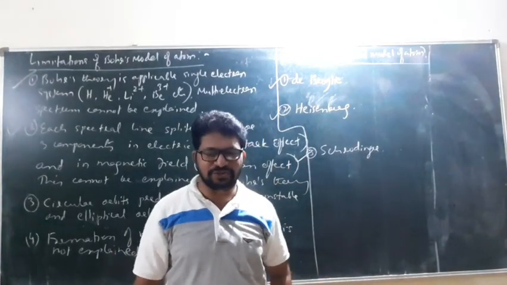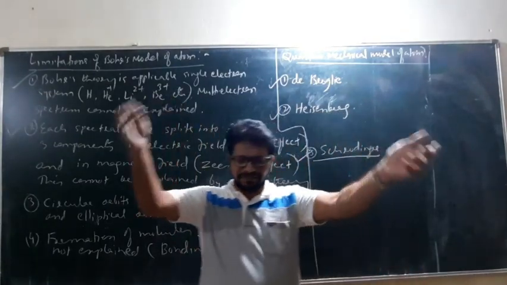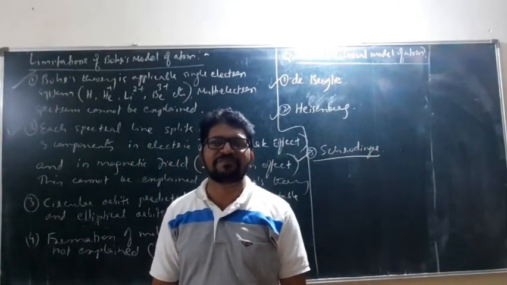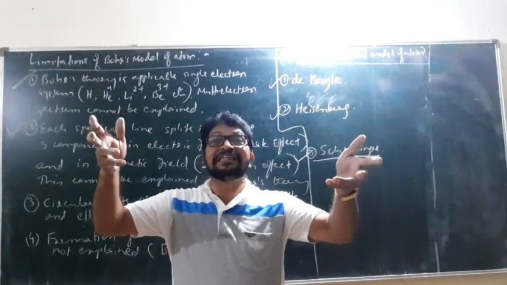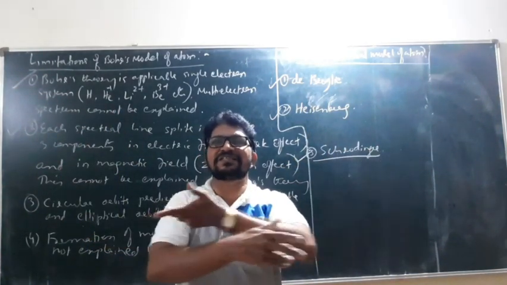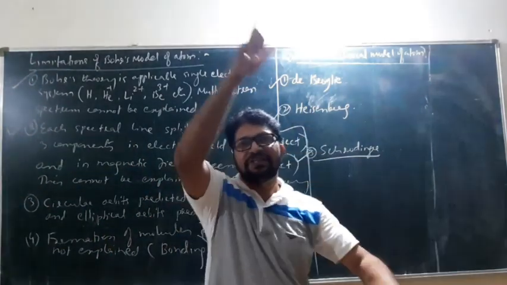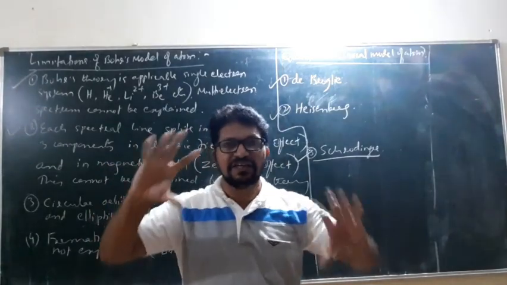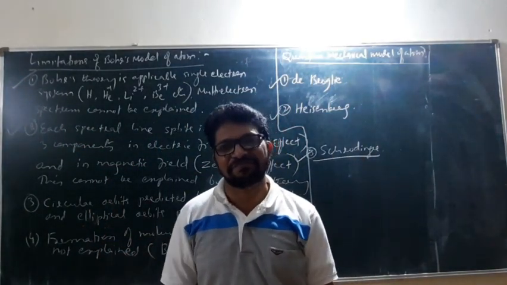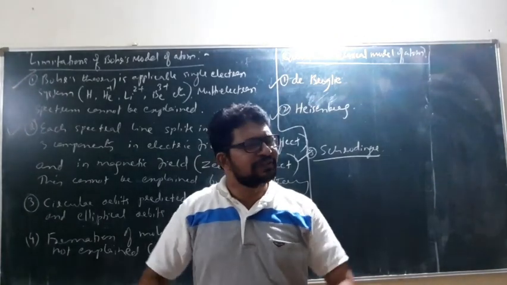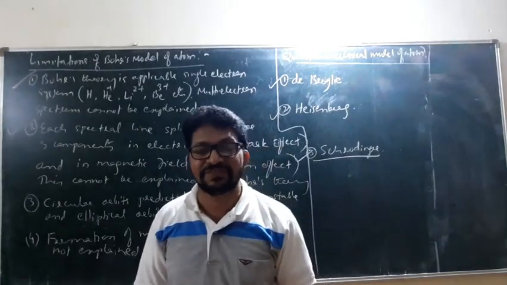Then what he says, I should tell you about Schrödinger, the most famous work of Schrödinger. Schrödinger developed a three-dimensional XYZ axis related probability of finding the electron around the nucleus. He solved it, and it is called the Schrödinger wave equation.